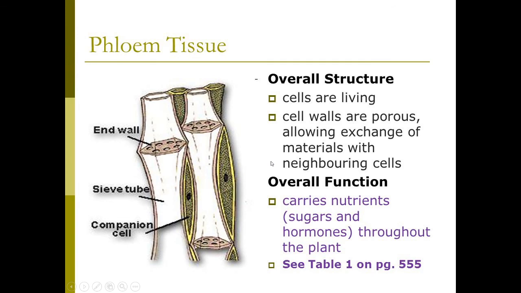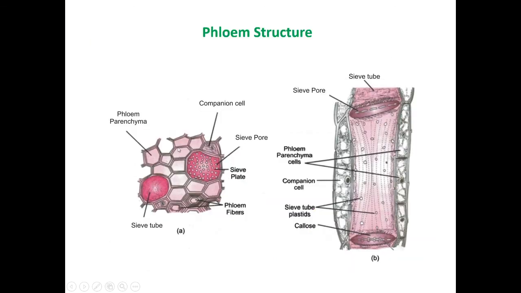Okay, and the third one is the structure of the phloem tissue. It is a complex permanent tissue. It has four kinds of cells: sieve elements, companion cells, phloem parenchyma, as well as phloem fibers. The mature sieve cells don't have a nucleus and vacuoles, but the younger sieve cells do have the nucleus as well as the vacuole.